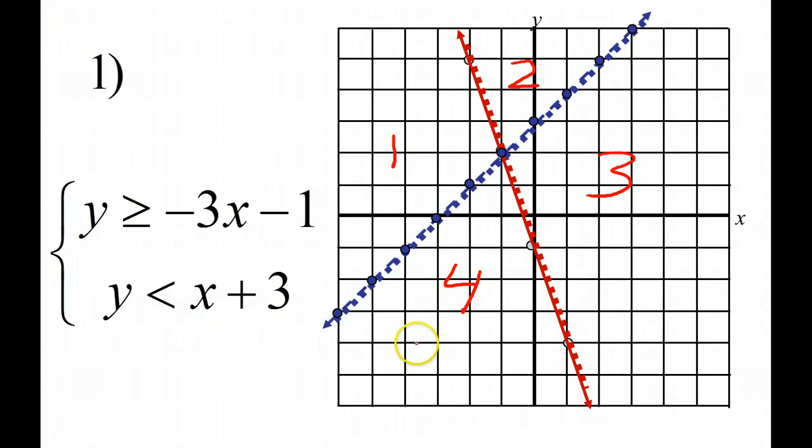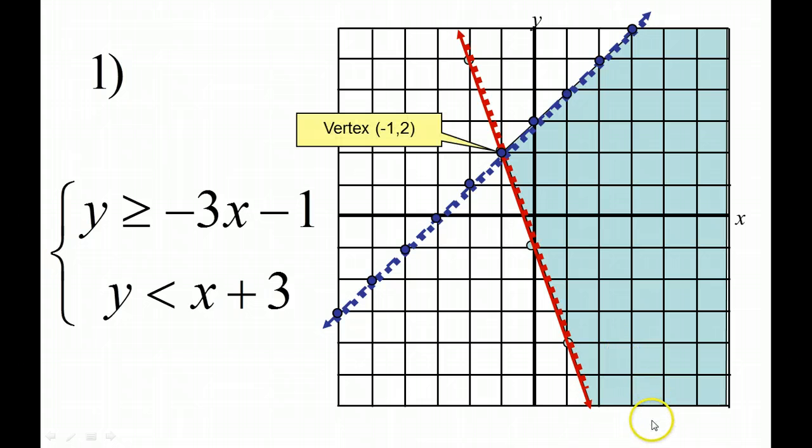Show me on your fingers which zone is the right zone. Okay, put them down. Almost everybody said zone 3. Okay, and that is correct. Zone 3 is the zone that has all the little shades, satisfies both lines. So that's how you did problem number 1. Any questions on that?